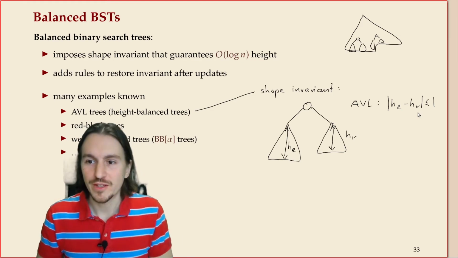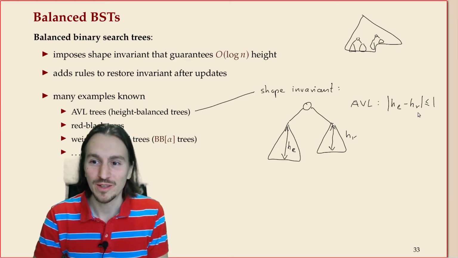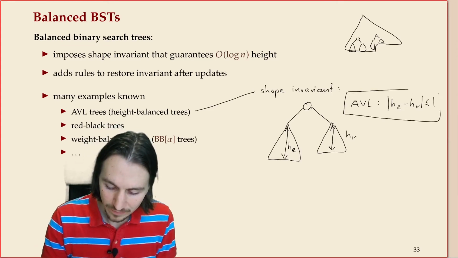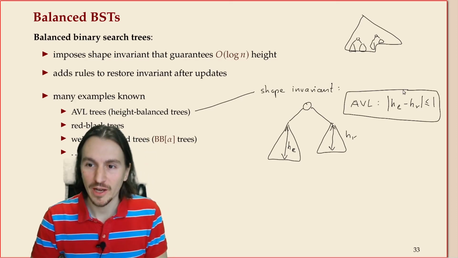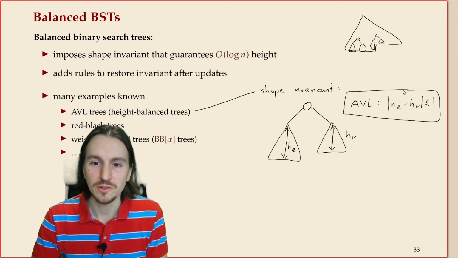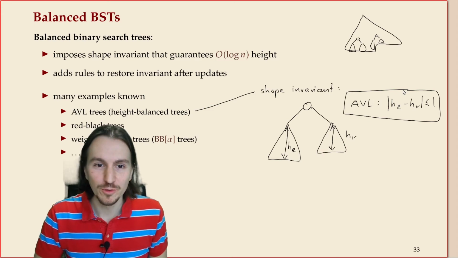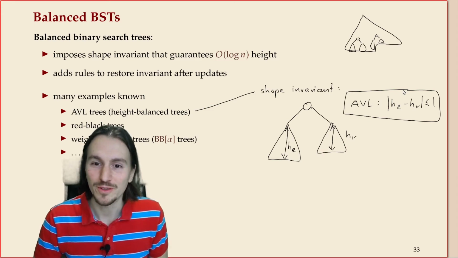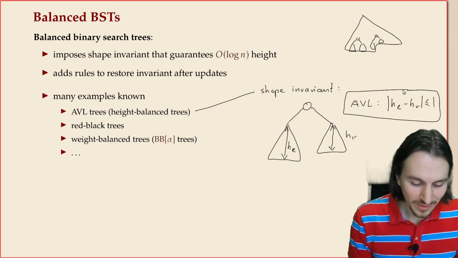And you can prove that this is still balanced enough to give you a logarithmic height in the worst case, if you can maintain this invariant. So you have to make sure that this invariant is also true when you add new elements to the tree or when you remove elements from the tree. And there are clever rules based on rotations that manage to do this, but I won't give more details on that.